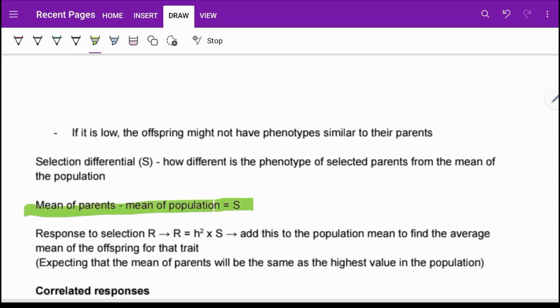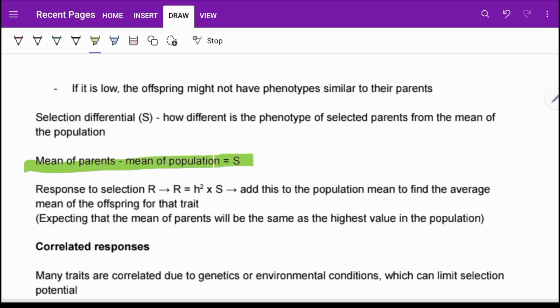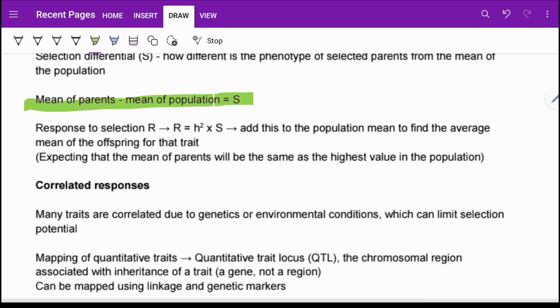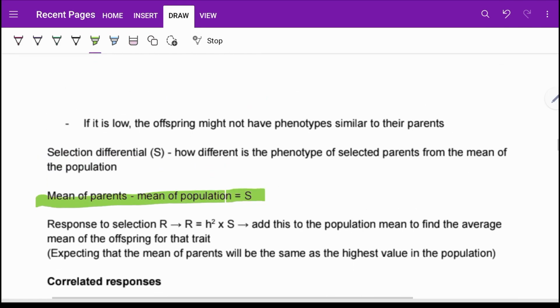And we can actually use this in combination with our narrow sense heritability to find what the offspring's average of this trait will be.